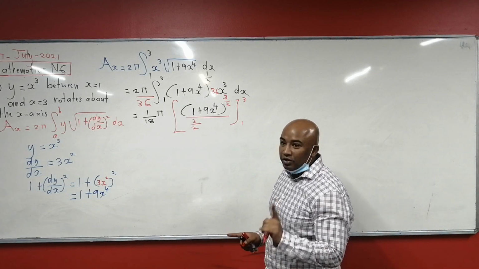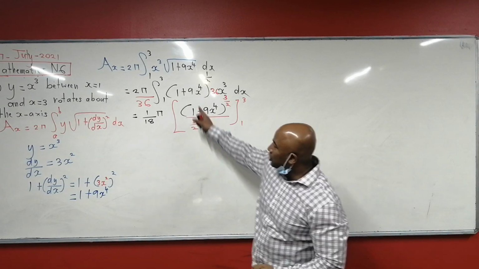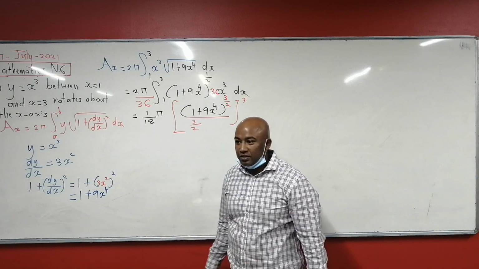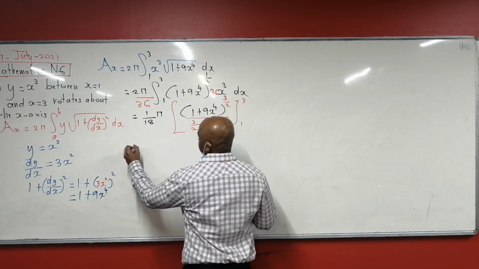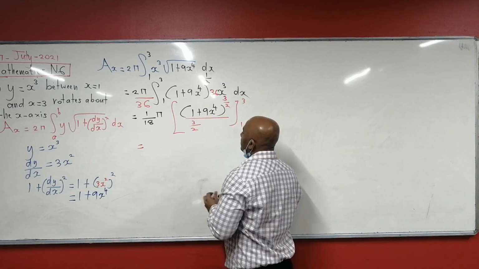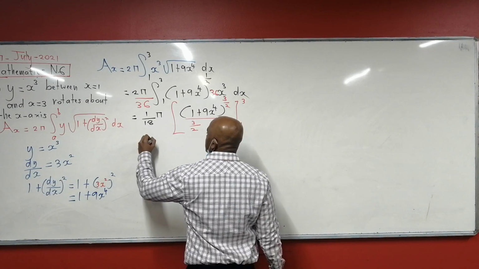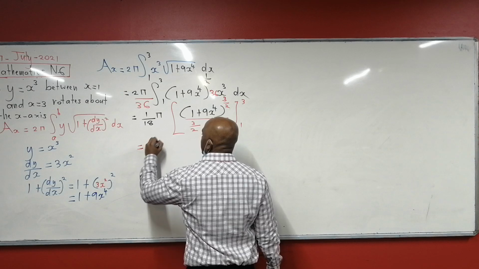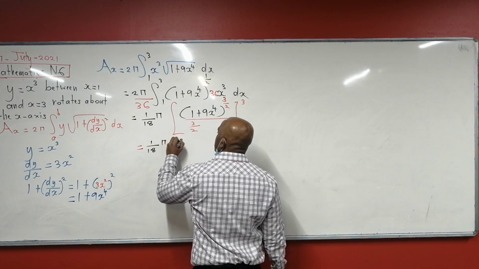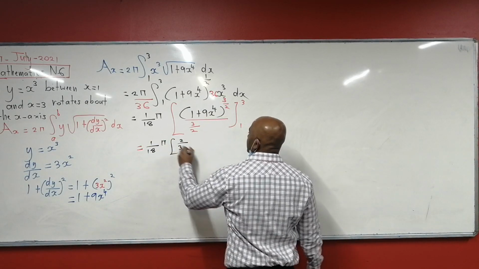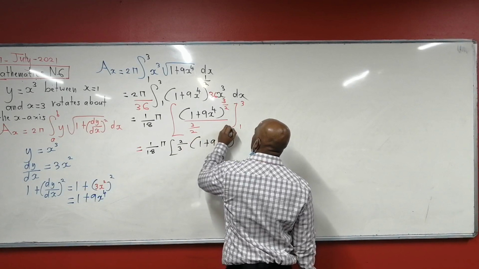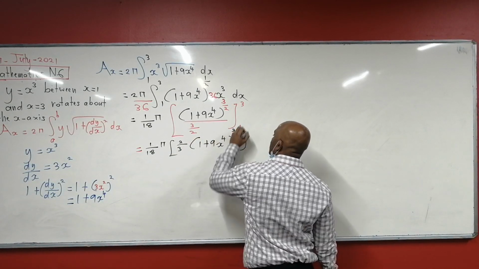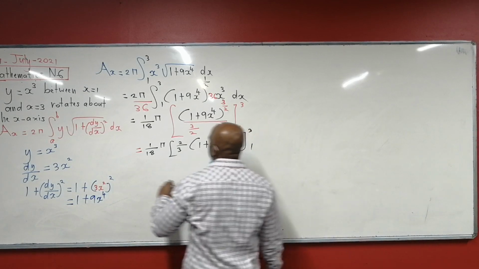Yeah, but it is still correct. If you've got time, you do it. You'll let u equal to 1 plus 9x to the power 4. Right. And now this becomes 1 over 18 pi, and that's 2 over 3, and that's 1 plus 9x to the power 4 to the power 3 over 2, substituting 3 and 1.